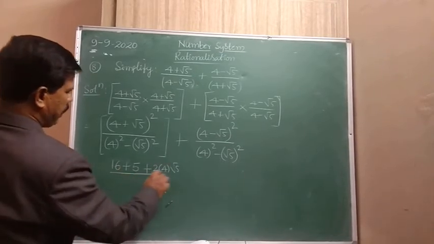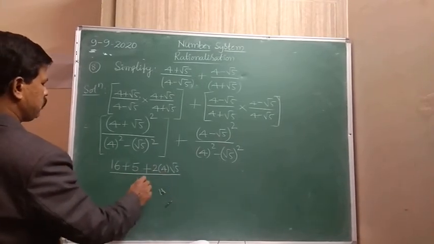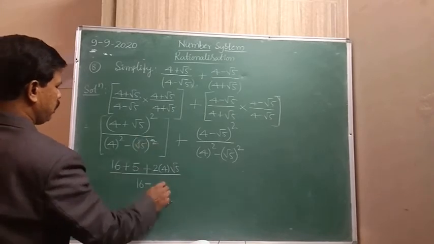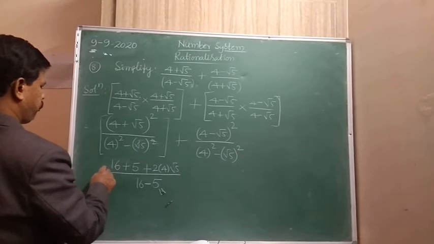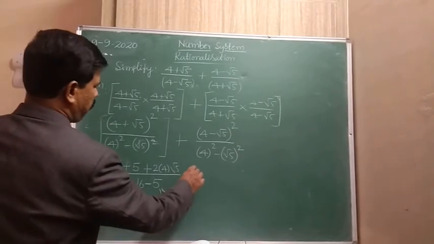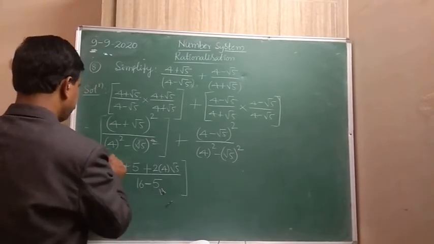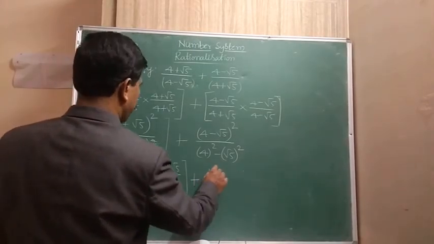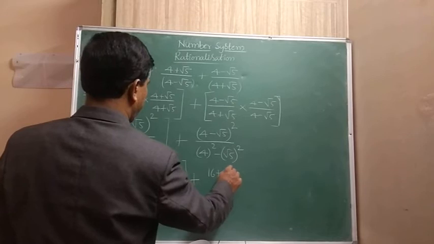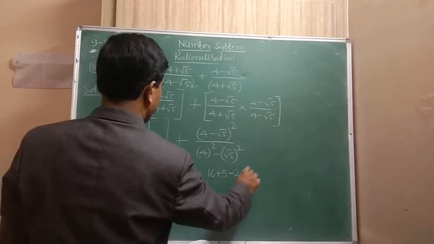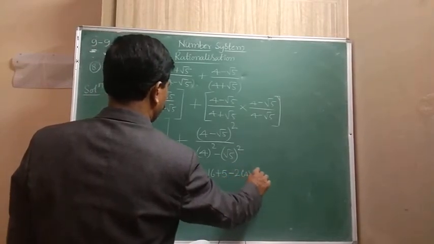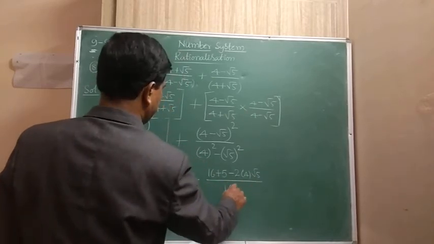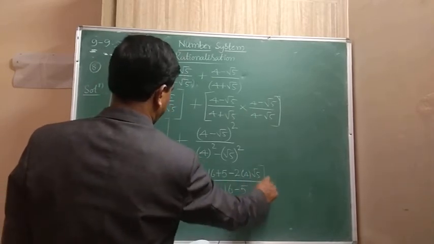Whole divided by 4 square is 16 minus root 5 whole square is 5, plus, same thing, 16 plus 5 minus 2 into 4 into root 5, whole divided by this is 16 minus 5.